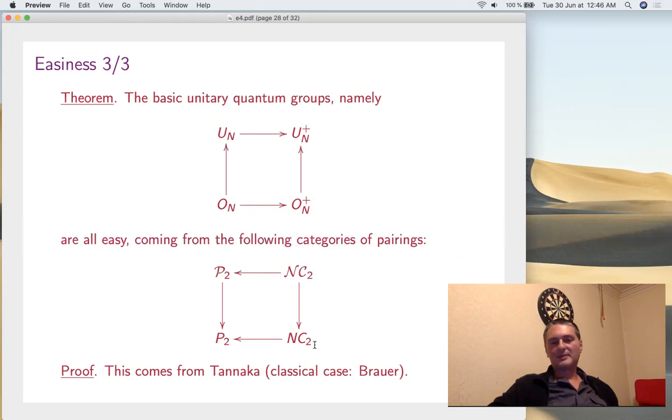That's what you get. Actually, you can get Brauer too from this. Now instead, for the commutativity relation, ab equals ba is like a crossing, so we add crossings, and you get these things. So all this follows from Tannaka. That's the idea from what we did, and the remark is that in the classical case it's Brauer, from the 40s, and this is like free Brauer somehow. Very good. So this is the theory.